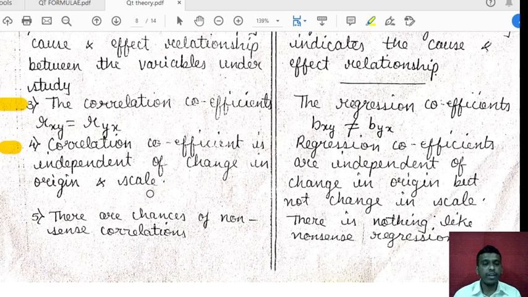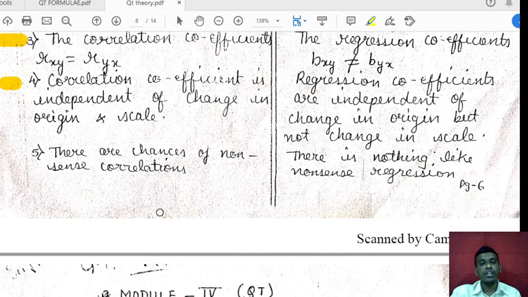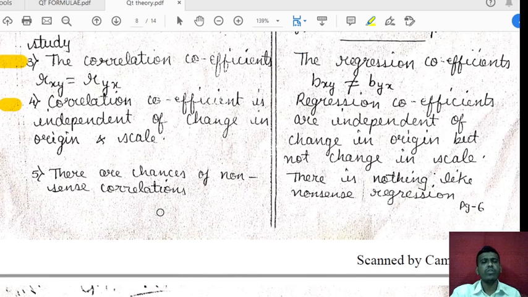The fifth point, and probably the last one, says that there are chances of nonsense correlation. These nonsense correlations are also known as erratic correlations, that is, they just happen for no reason. Whereas when it comes to regression, there is nothing like nonsense regression. Regression means that there is a cause and effect relationship between two variables. But as I've said, if there is just correlation between two variables, you cannot say that they are associated.